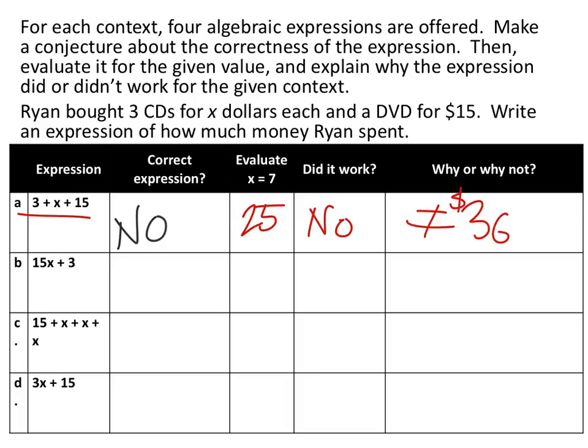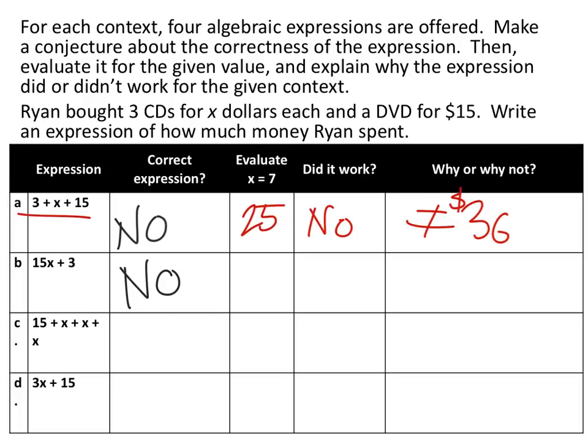Okay? Let's look at this next one. 15 times x tells us that we have 15 x's. A group of 15 x's. Now that means that since there's 15 x's, they would have bought 15 of the CDs. So as it turns out, this one also is no good.